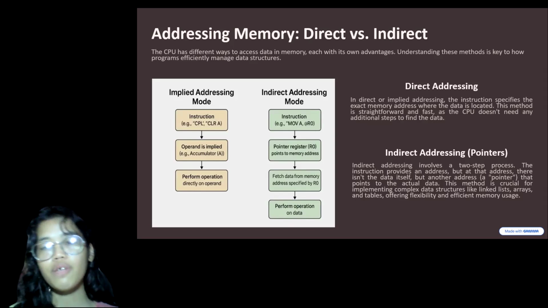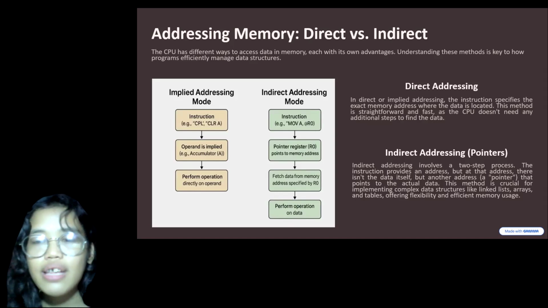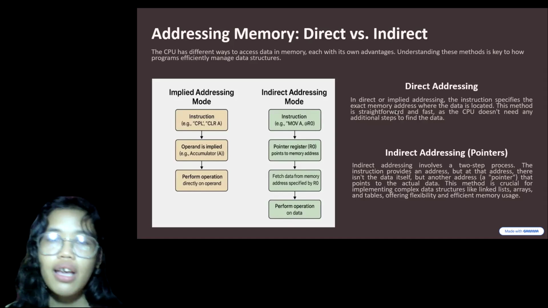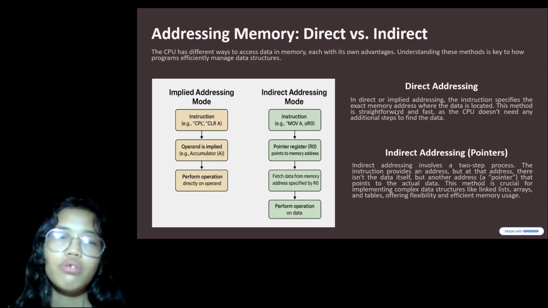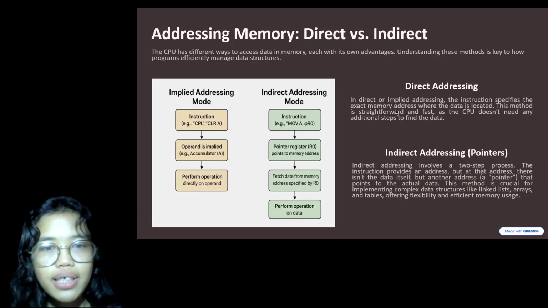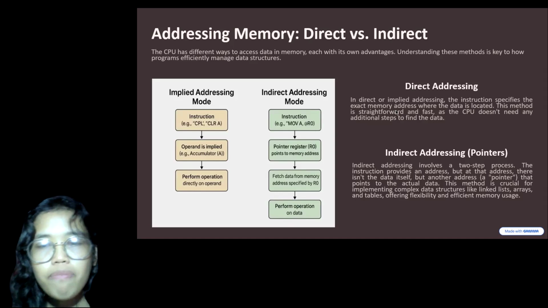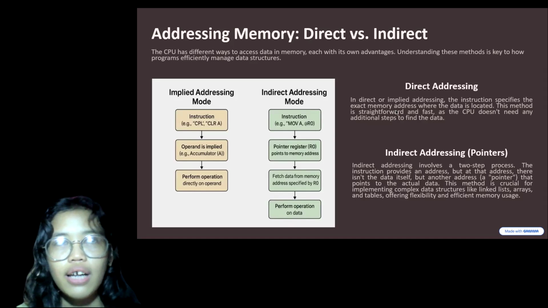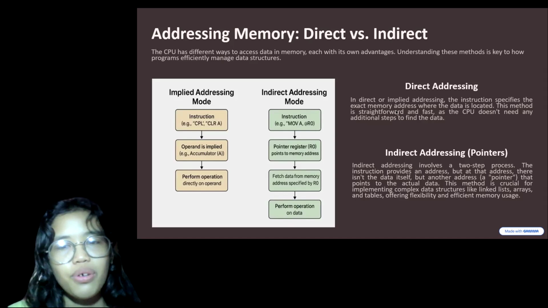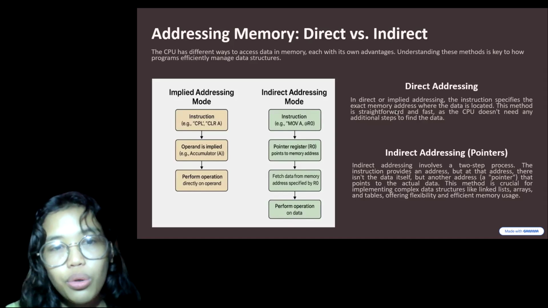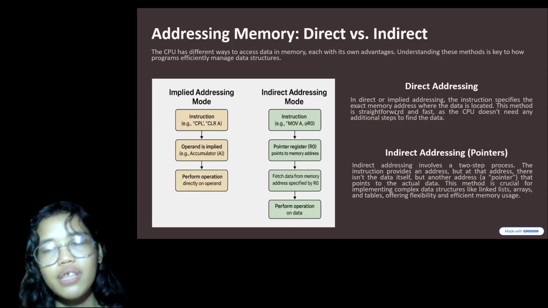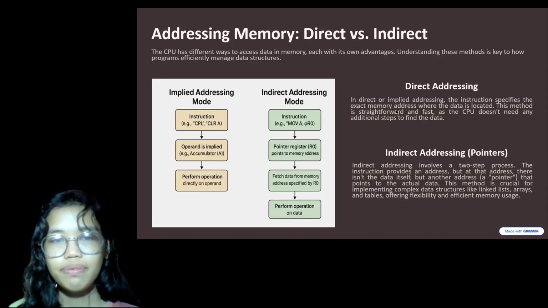This method is crucial for implementing complex data structures like linked lists, arrays, and tables, offering flexibility and efficient memory usage. So basically, indirect addressing uses a pointer stored in memory, allowing flexible data structures and efficient software design.